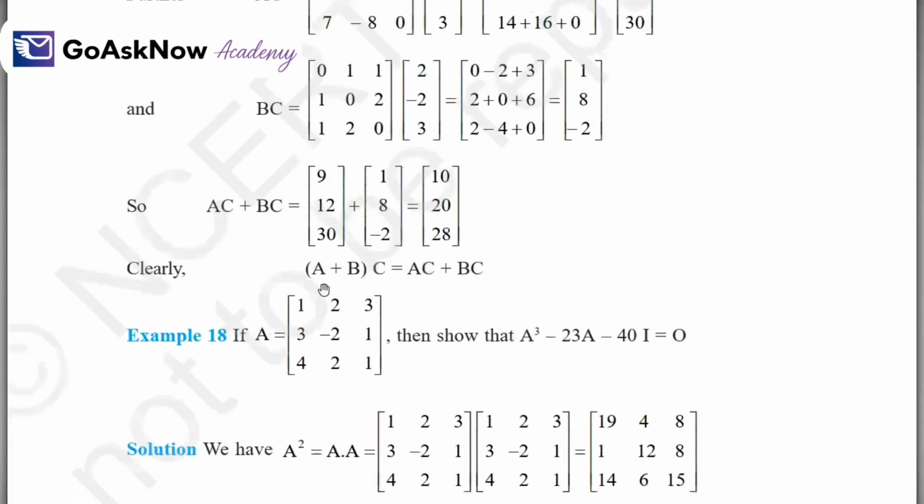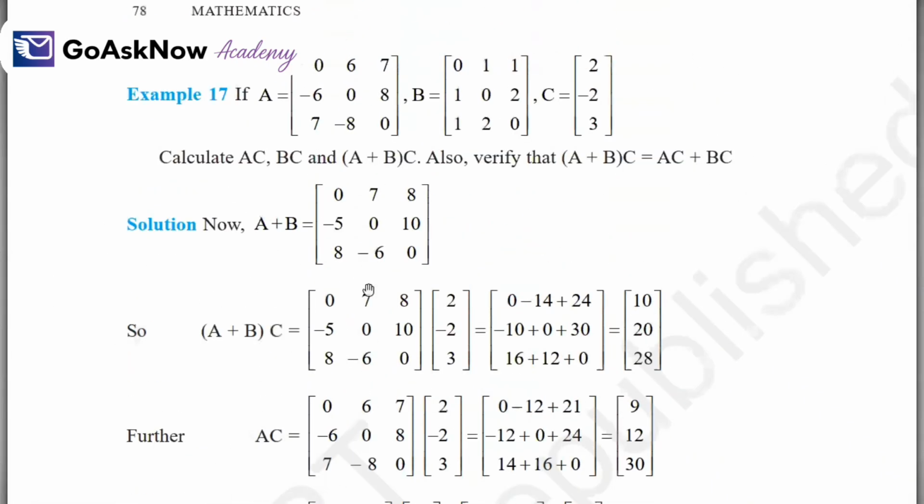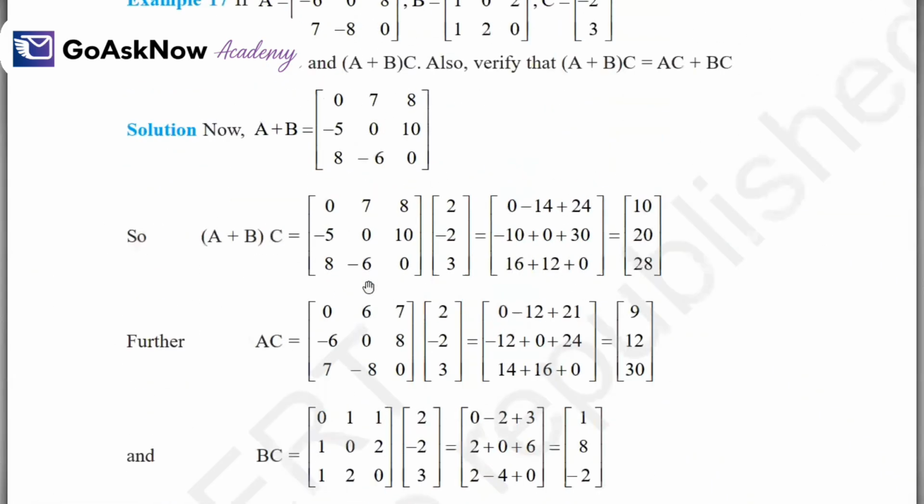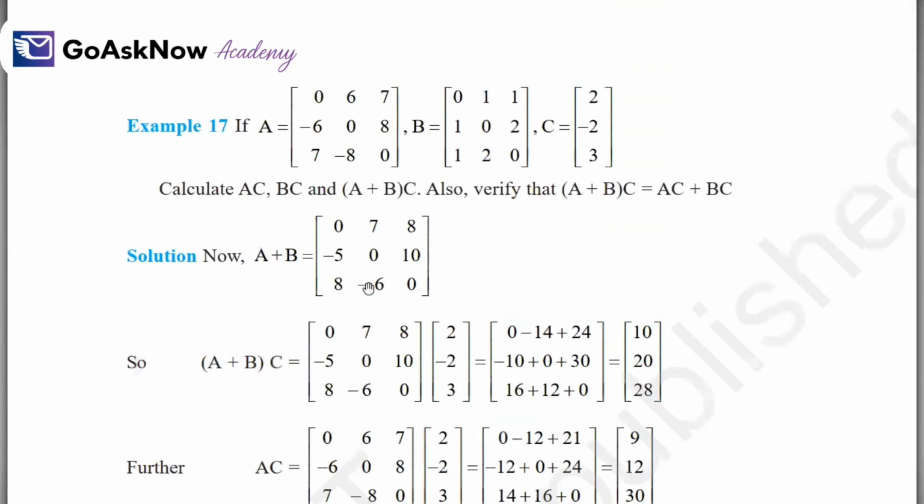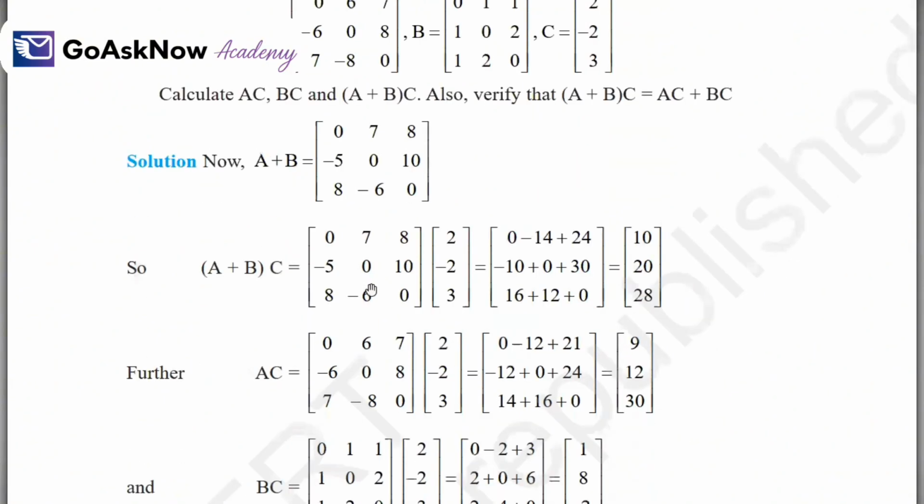Then you do AC plus BC and prove that (A plus B)C is equal to AC plus BC. Just find out all these quantities here. You will see that the distributive law is also followed. That is true also.